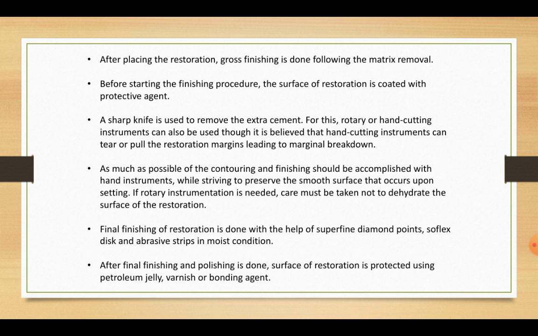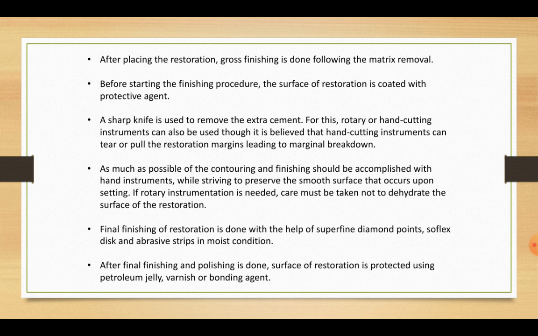If rotary instrumentation is needed at all, then care must be taken not to dehydrate the surface of the restoration, and this also can be done while using a lubricant like petroleum jelly along with the rotary instruments while doing the finishing of the restoration.